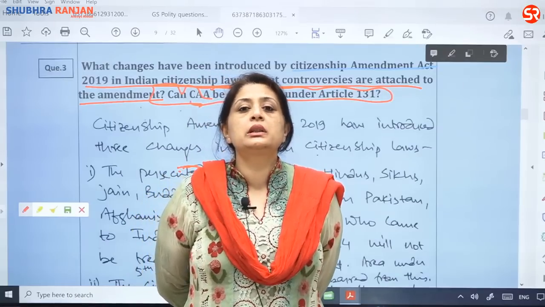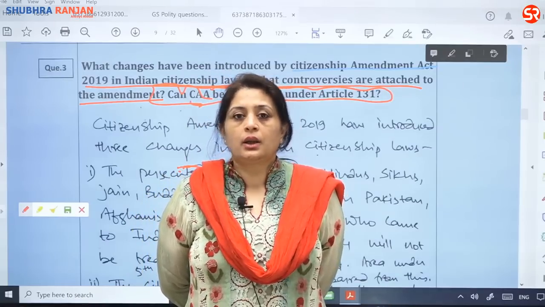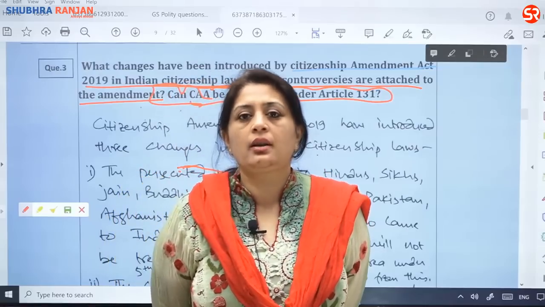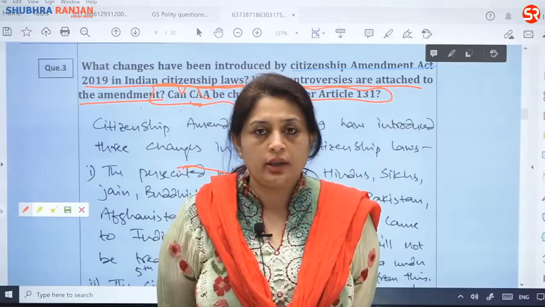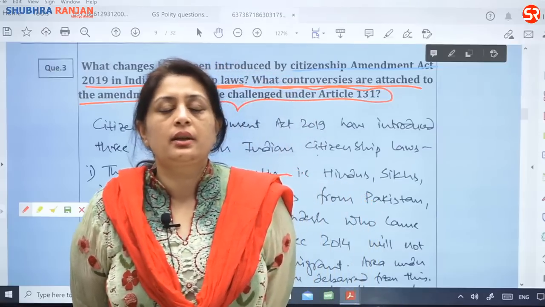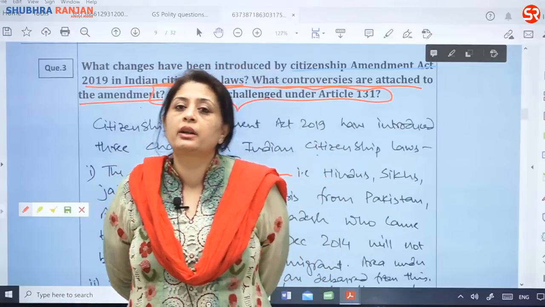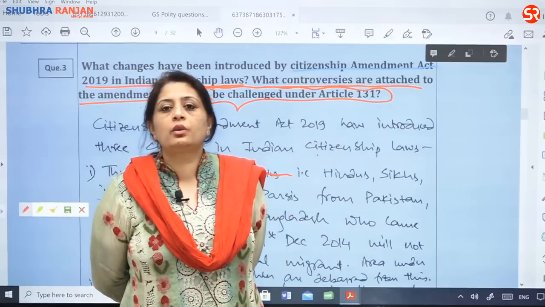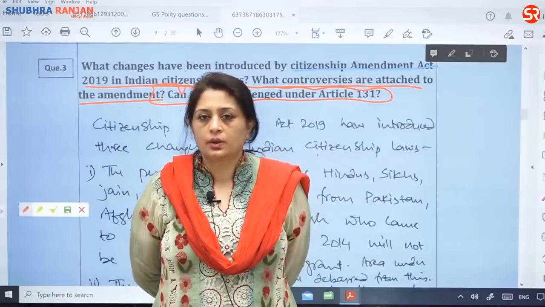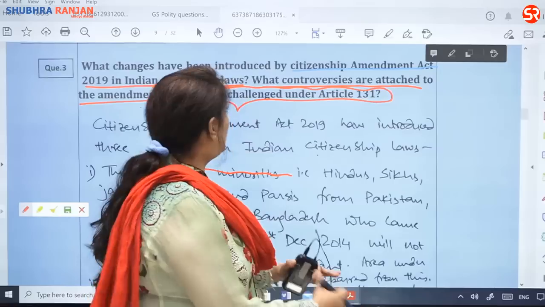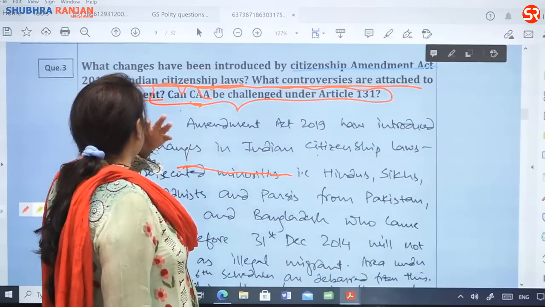Now, the Citizenship Amendment Act, because it is so controversial, the students have a problem with how they will take a stand on that. It's better you take the stand from the perspective of the government, because the government perspective is not altogether wrong. Fine. So let me briefly explain the issue.